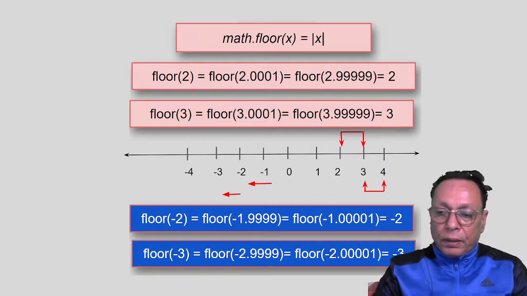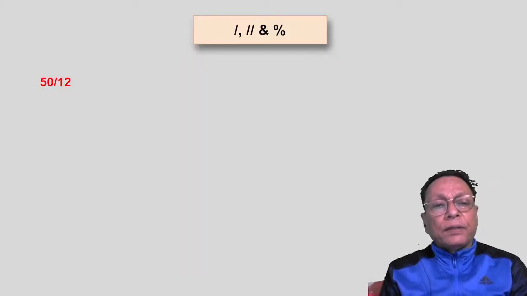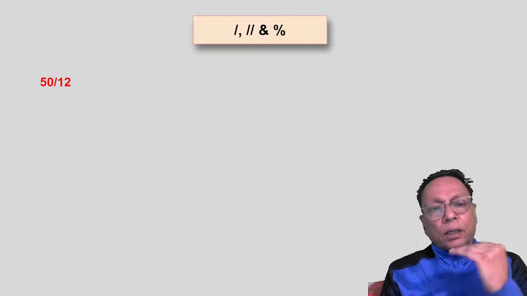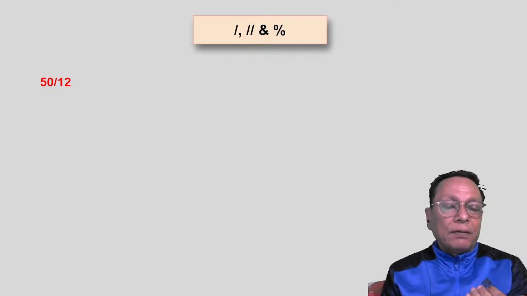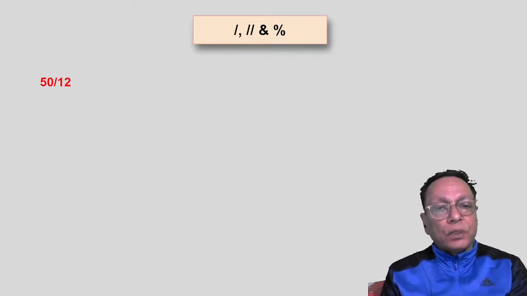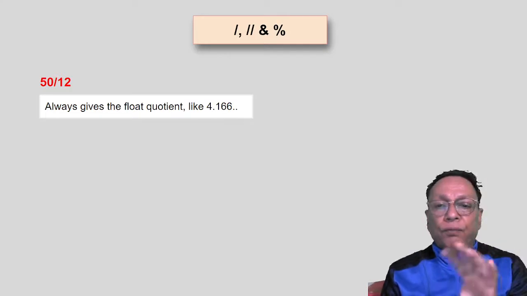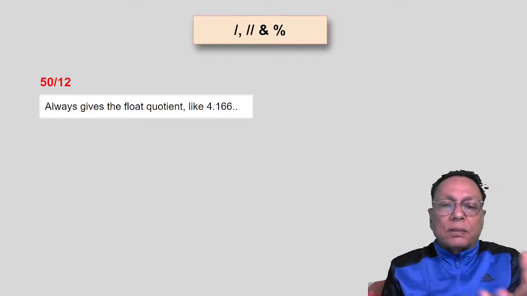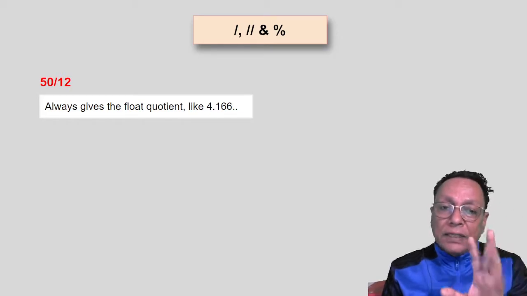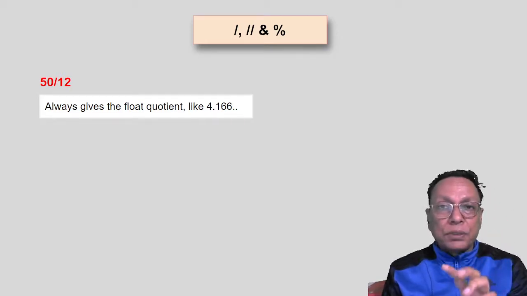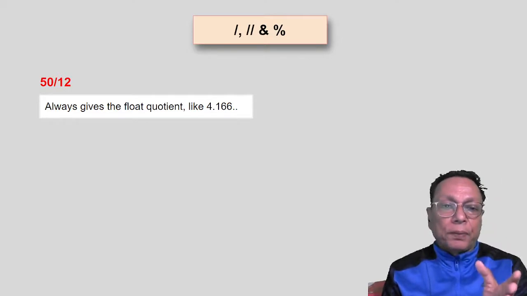Okay, let's see next. For example, you are going to divide, where the dividend is 50 and the divisor is 12. When you divide 50 by 12, it will definitely give you 4.166 or something like this, because slash divides the dividend and gives the quotient as a precisional value.